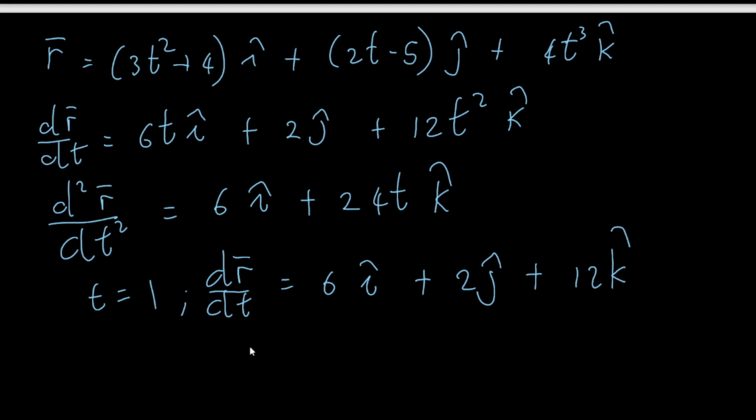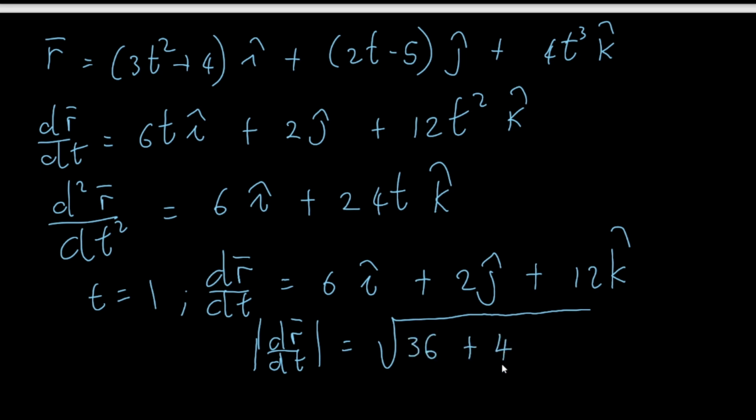So the magnitude of dr dt would simply be the square root of 6 squared, which is 36, plus 2 squared, which is 4, plus 12 squared, 144. So 36 plus 4 is 40, 40 plus 144 is 184.